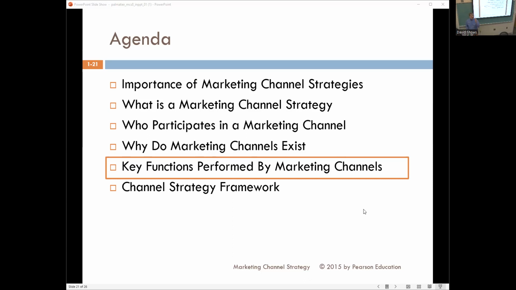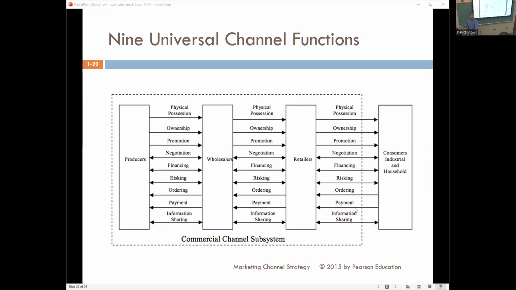So these are the functions, along with possession, that happen in an efficient channel system. Now, the first time you look at this, it looks very busy and it seems like it's difficult to understand, but it's not that hard, all right? The first thing to note is that when you see this, what they've done is they've taken the traditional channel structure and kind of turned it on its side.